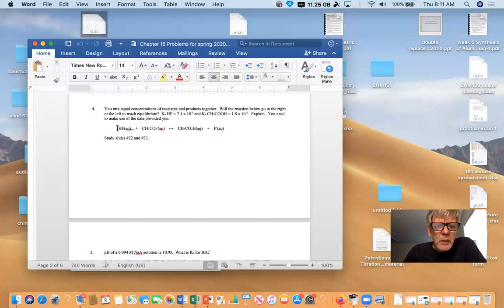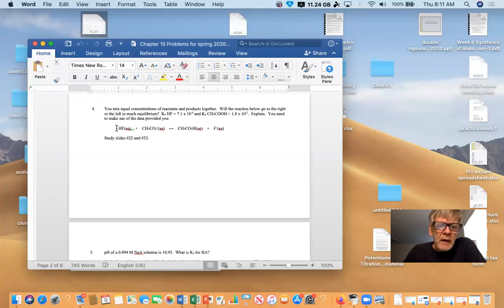So we note here that we have an acid and its conjugate base. We have the base and its conjugate acid. This has one proton. This doesn't have one proton. So acid, base. This has one more proton. This has one less proton. So this side is our conjugate acid and our conjugate base.